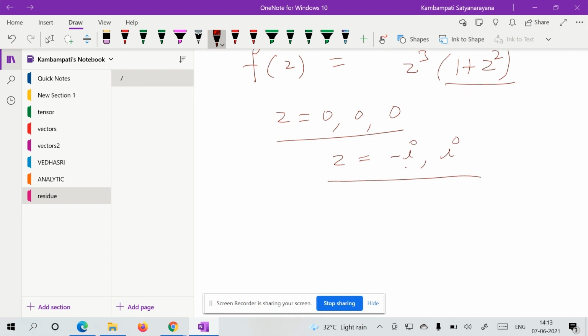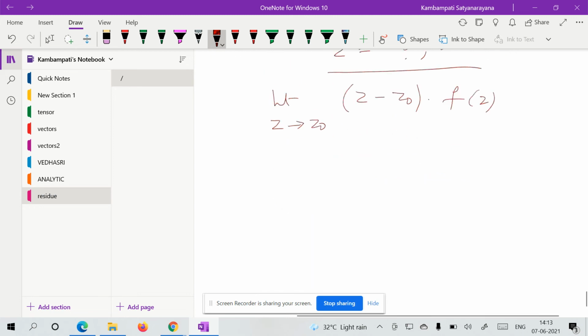So I am going to find the residue of f of z at z naught equal to minus i. That is limit z tends to z naught of (z minus z naught) into f of z. This is the formula.